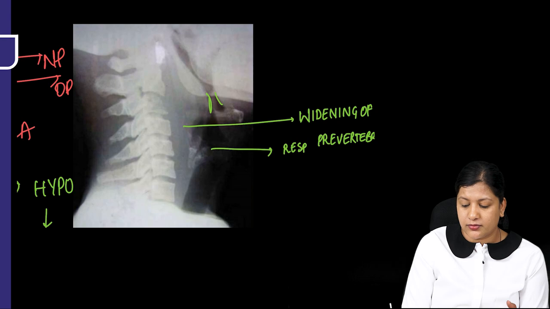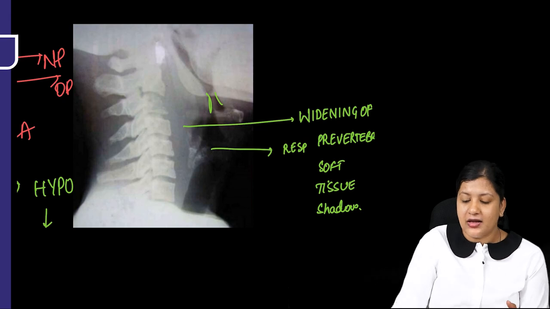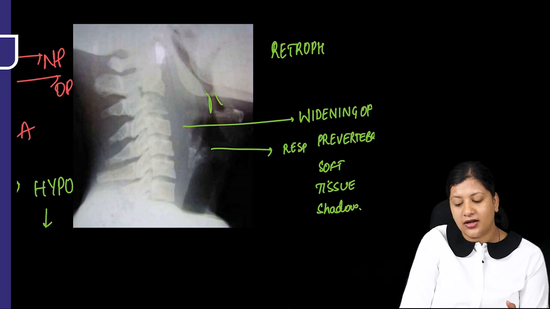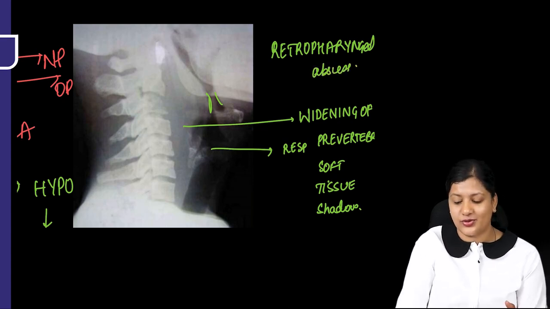Widening of the prevertebral soft tissue shadow is suggestive of an abscess. Which abscess? A retropharyngeal abscess. So in a retropharyngeal abscess, you will see that there is a widening of the prevertebral soft tissue shadow.